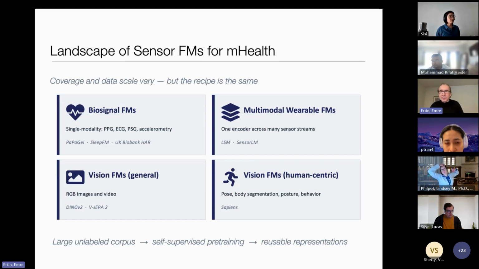Then we have the multimodal wearable FMs, which try to combine PPG, IMU, etc., all the wearable streams that a wristband provides, into a single model. Then we have vision foundation models that take imagery and make sense of it, especially in terms of understanding how humans present themselves in that space.